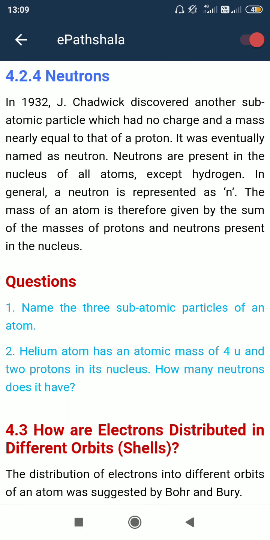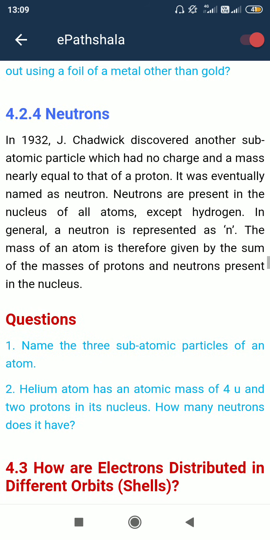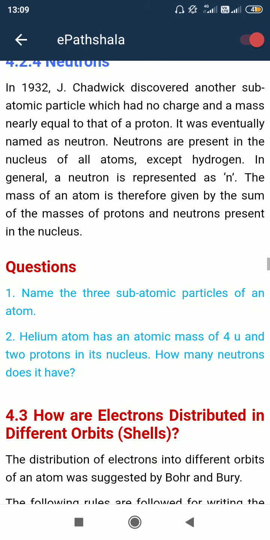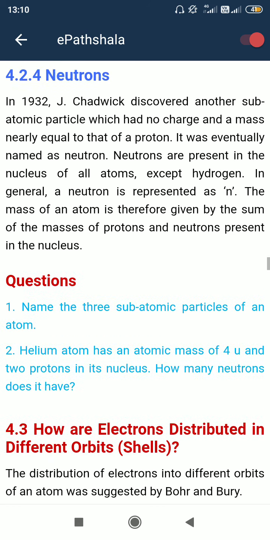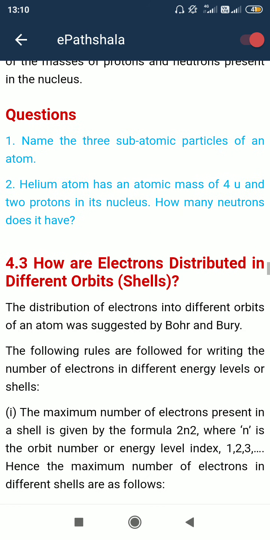Mainly we need to remember that the neutron does not have any charge, but it has a mass equal to that of the proton. So we measure it as 1 unit mass. Small n is the symbol of neutron.